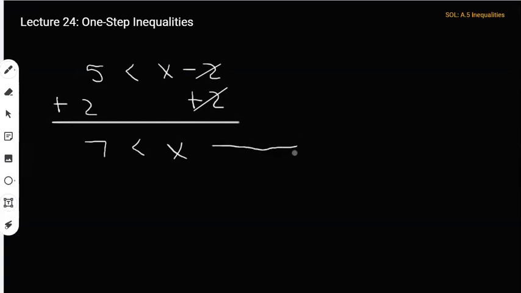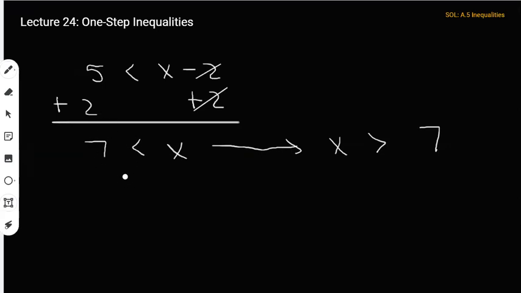Well, since x is on the right-hand side, I can actually flip this around so that x can be on the left-hand side, but the inequality sign has to flip. One way you can think about it is the inequality sign is pointing at the 7.